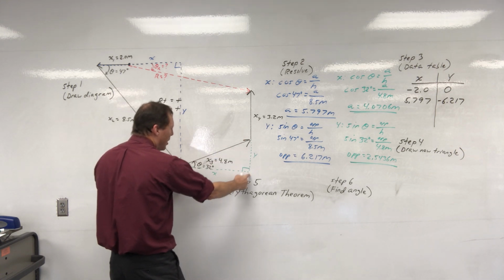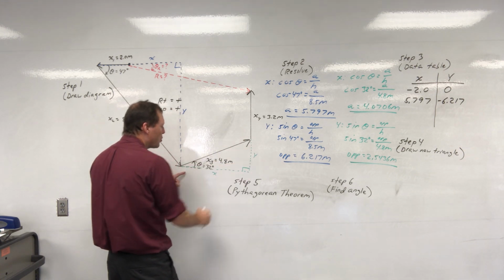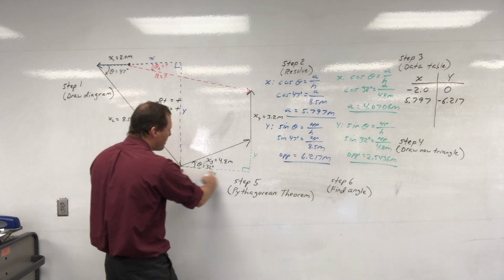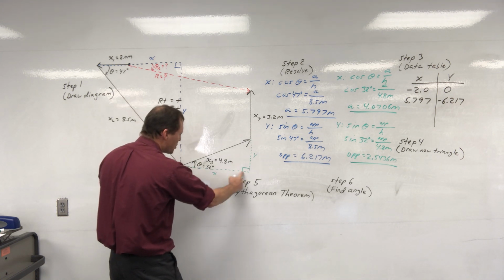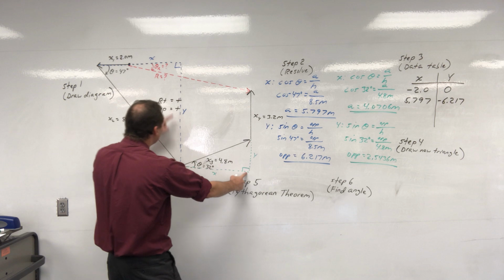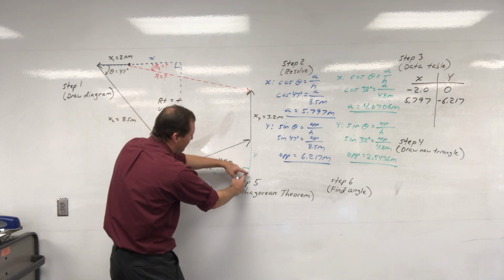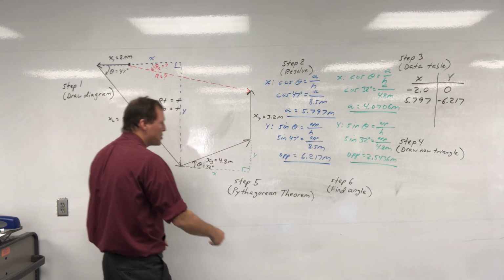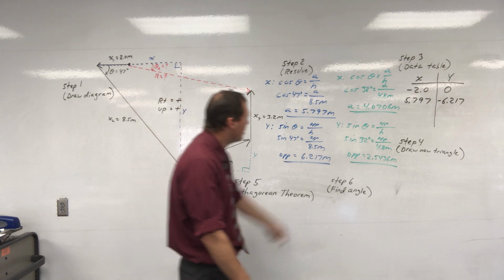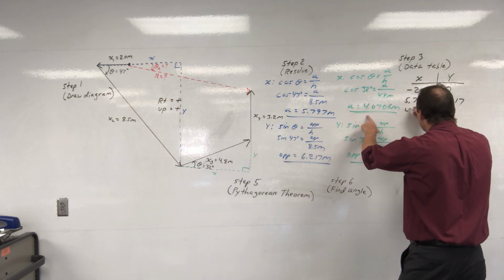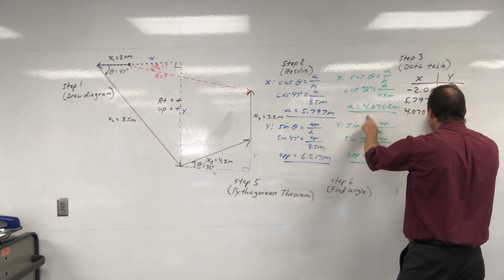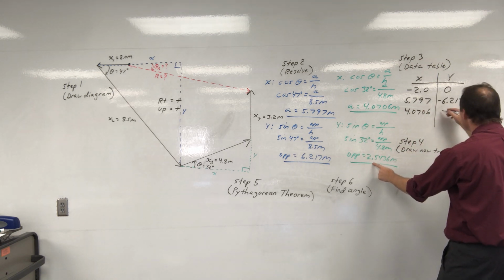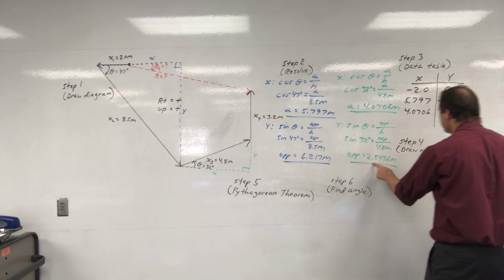Now I'm going to address the third vector, this guy right here. Here's the horizontal part, here's the vertical part. Both are going in the positive direction, right? The horizontal part is going to the right, which is positive, and the vertical part is going up, which is positive. So I'm going to put two positive numbers, positive 4.0706 and positive 2.5436.